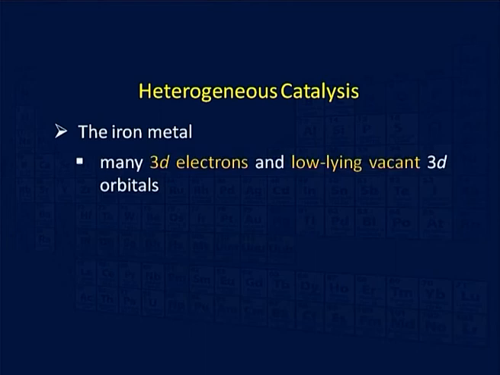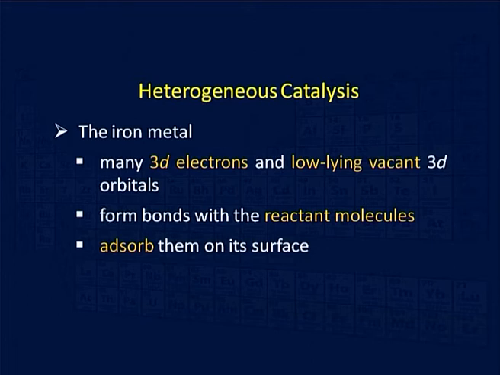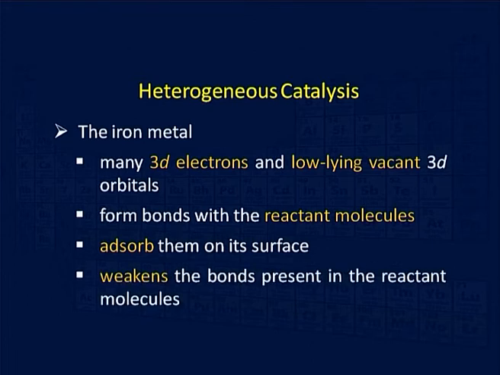The iron metal, having many 3d electrons and low lying vacant 3d orbitals, forms a bond with the reactant molecules and adsorbs them onto its surface and weakens the bond present in the reactant molecules.